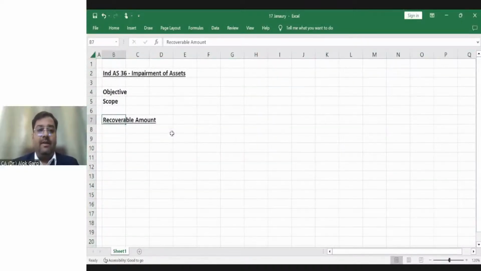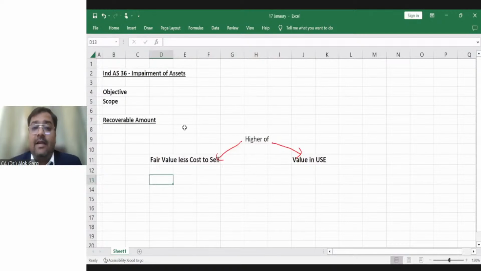So what is recoverable amount? It is the higher of fair value less cost to sell and value in use.